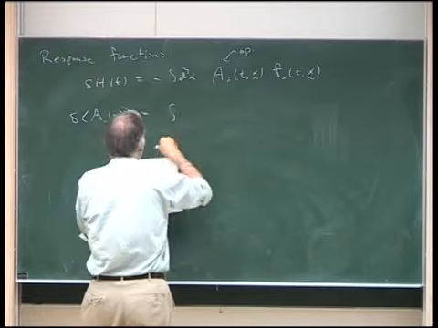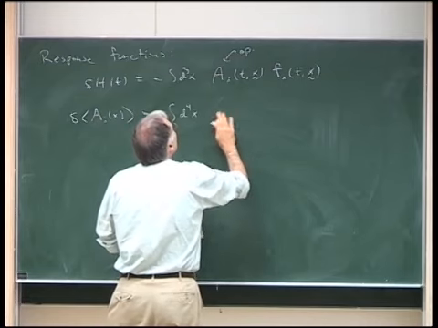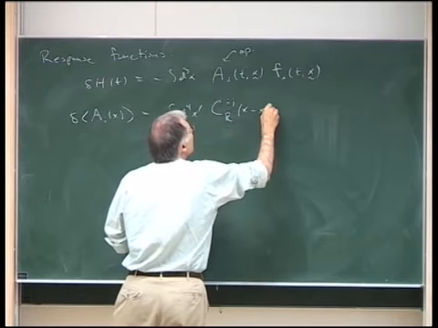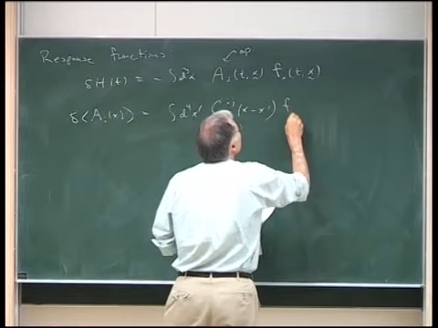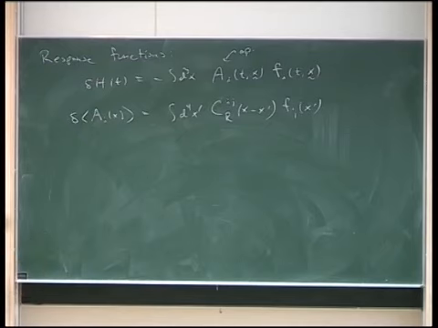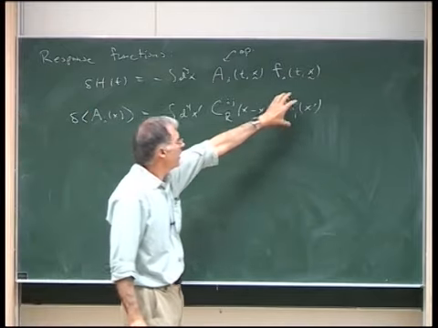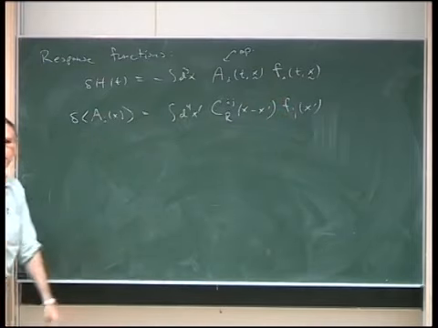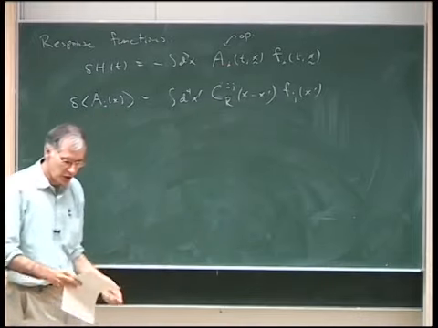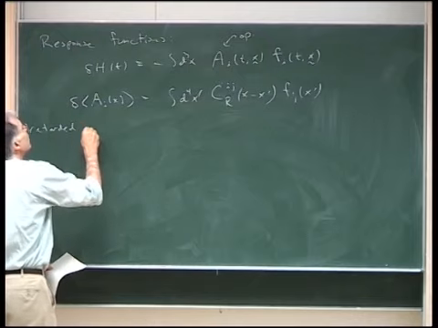A classic result in first-order time-dependent perturbation theory, let's call this C, is to show that the response to the perturbation is related to the strength of those perturbations that I turned on by a response function, which is nothing other than a retarded correlator.